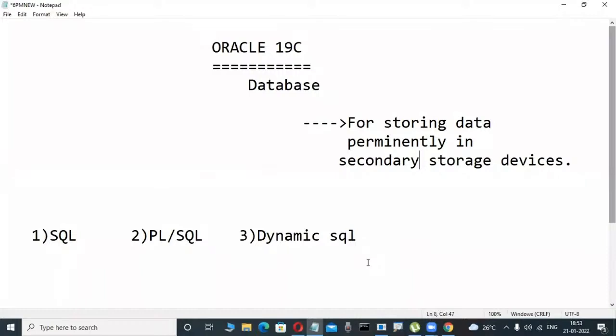ETL developers always need subqueries, joins, materialized views, indexes, partitions. Analytical functions like rank, dense rank, lag and lead are required, and PL/SQL stored procedures.